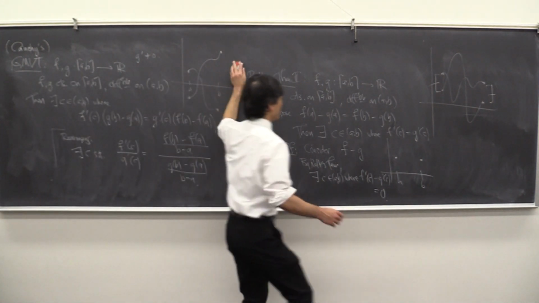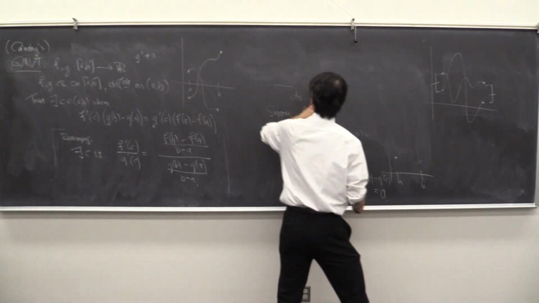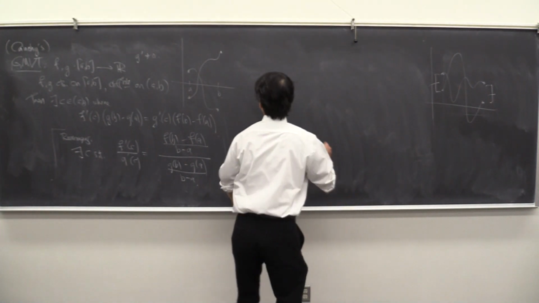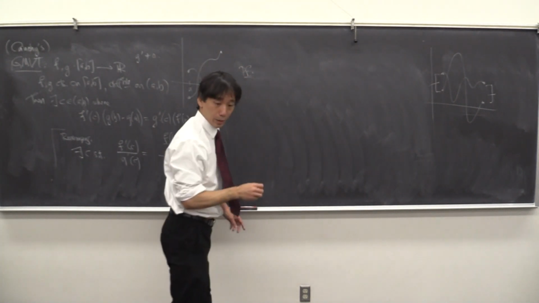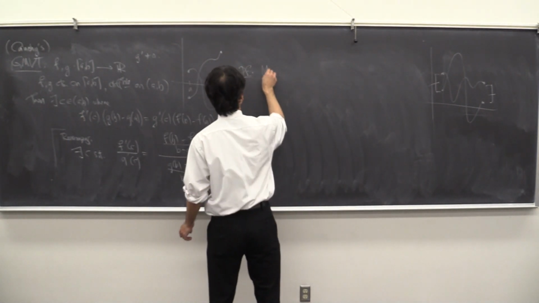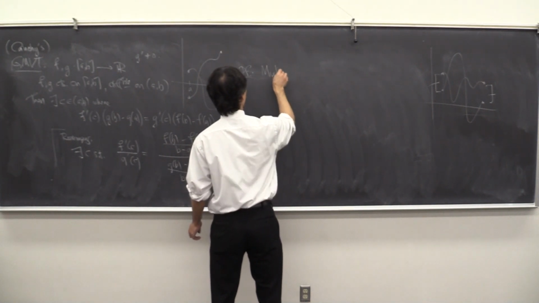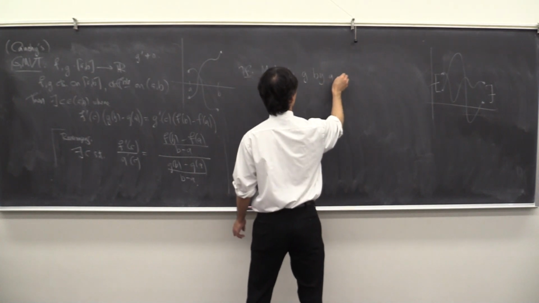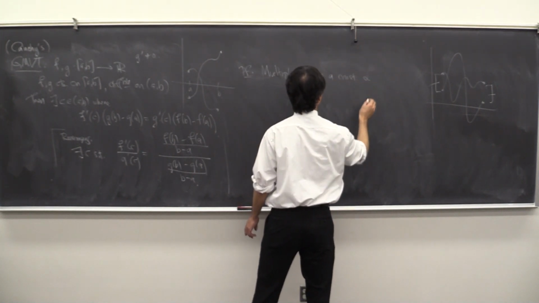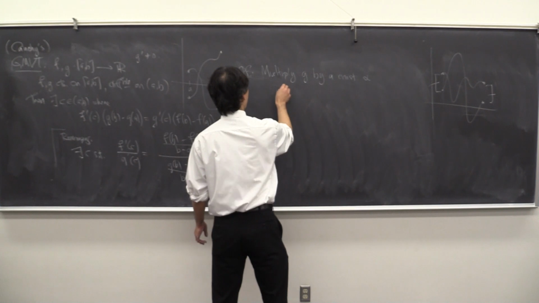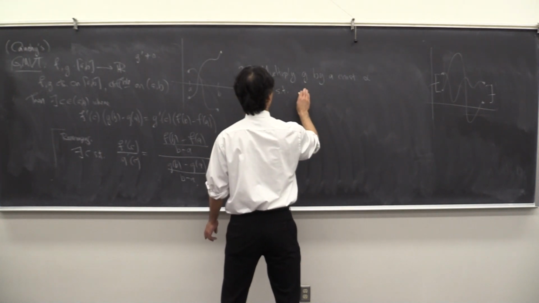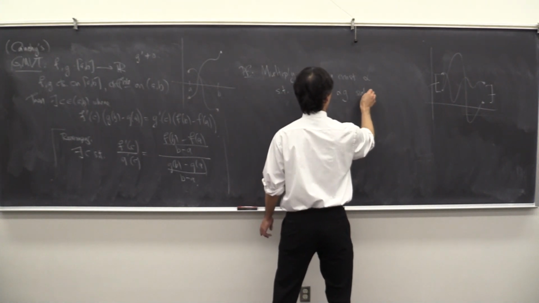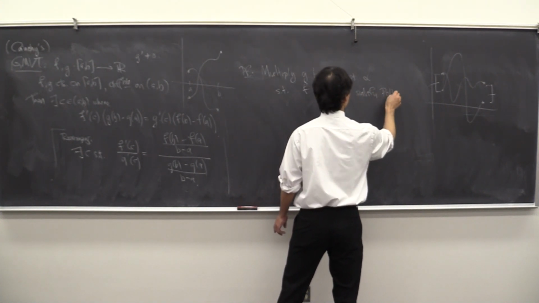I don't know if I have time to do it, but let me say how to do it. So here's the proof. Multiply g by a constant alpha, so that f and alpha g satisfy Rolle's theorem 2.